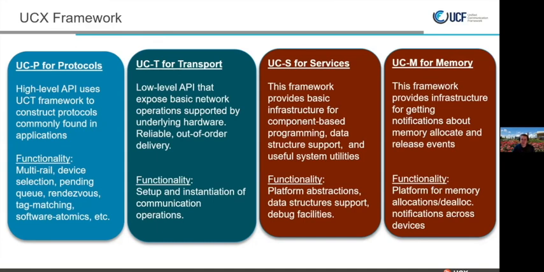Then there are, of course, service APIs that are used to provide additional setup and debugging support. And then finally, a new feature called UCM, which actually didn't show up in the last tutorial that was done at Hiring Connects. This is a relatively recent addition.